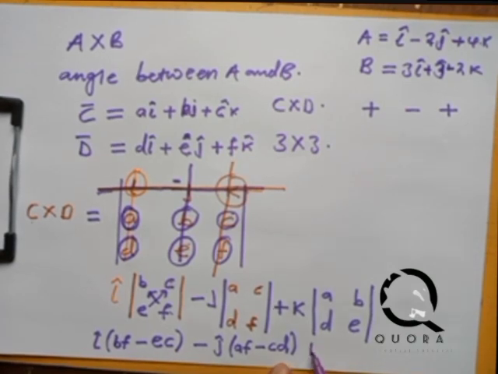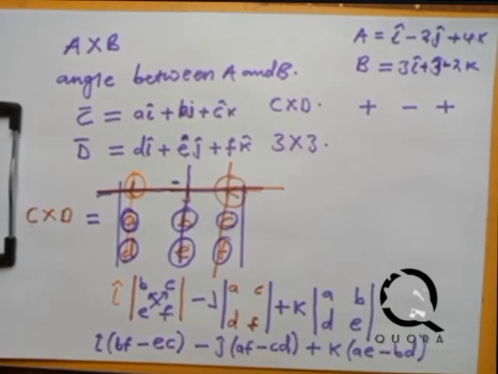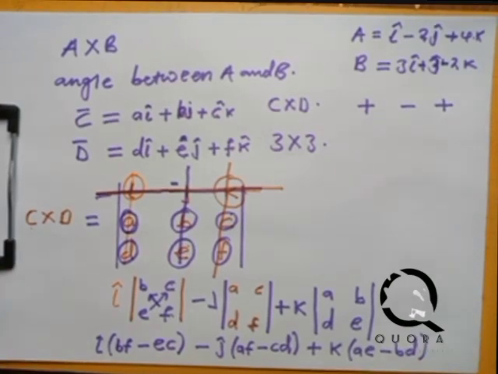You come to the last part, K, this multiplied by that, AE, minus this multiplied by that, BD, close. Simple. That's how we find the 3 by 3 determinant by using what we call a cross product. That's how we calculate.